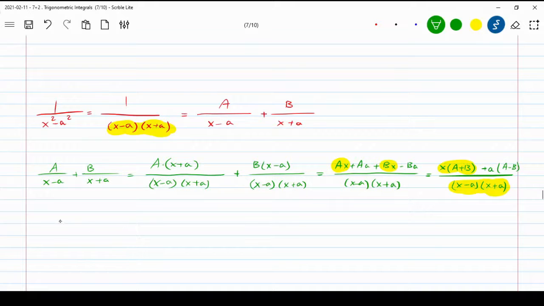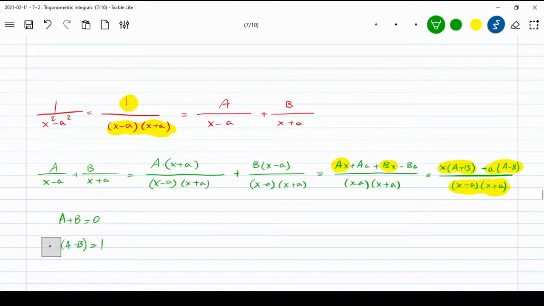So A plus B must be 0, otherwise I would have a term containing x. And this term we highlighted here, a times A minus B, must equal that 1. So a times A minus B must equal 1.